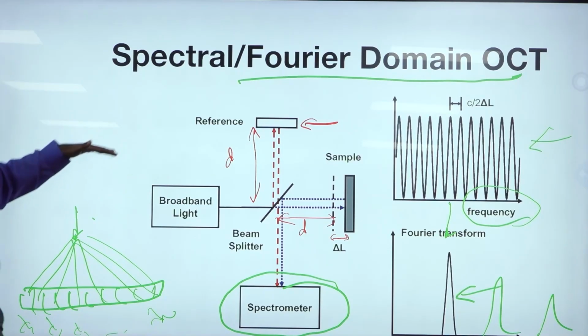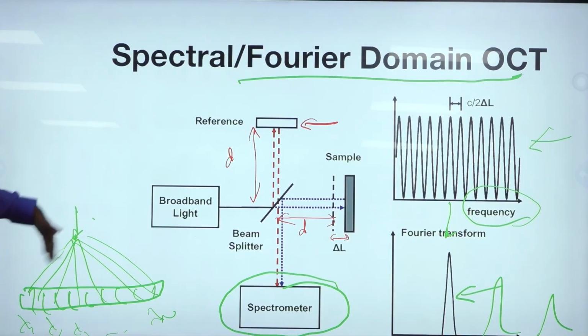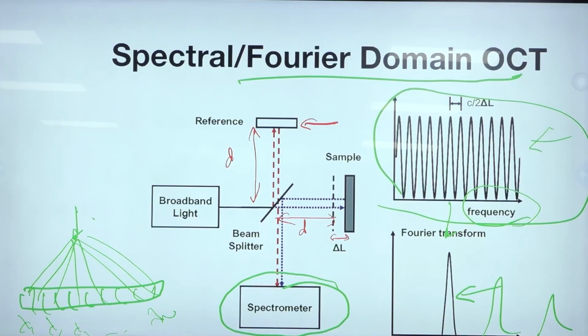From the data of these detectors, you can make a plot of this sort, then take a Fourier transform of that data, and you get the position of layers: where is layer 1, what is the location of layer 2, layer 3, and so on. So this is the essential idea behind Fourier domain OCT.